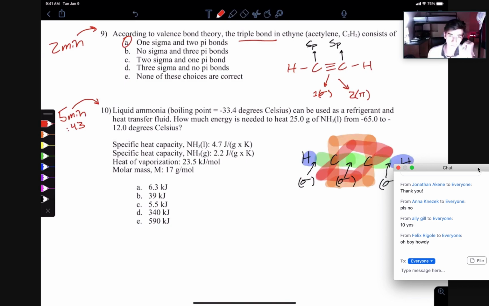Because 10, you would think it's heat, so it's back in like chapter 6 or whatever that was, but they just decided to have heat rear its ugly head in one of the later chapters with these heating curves.